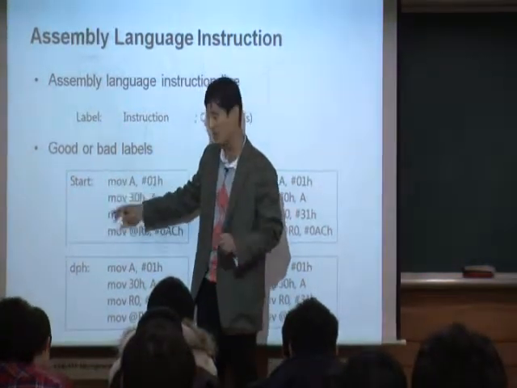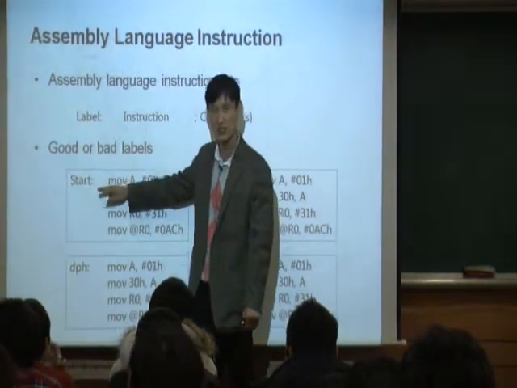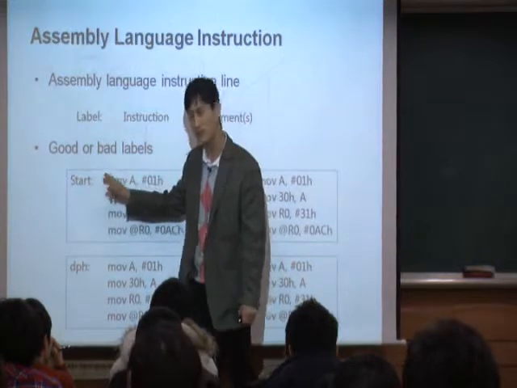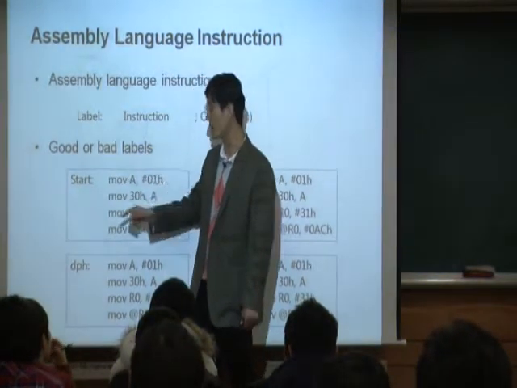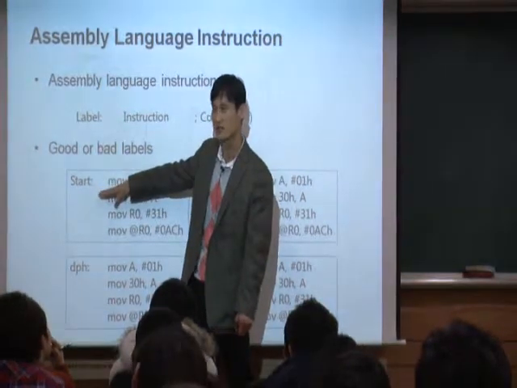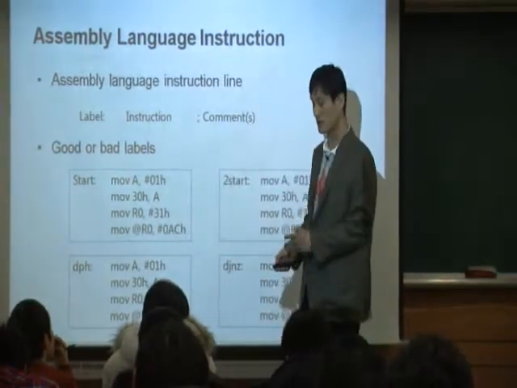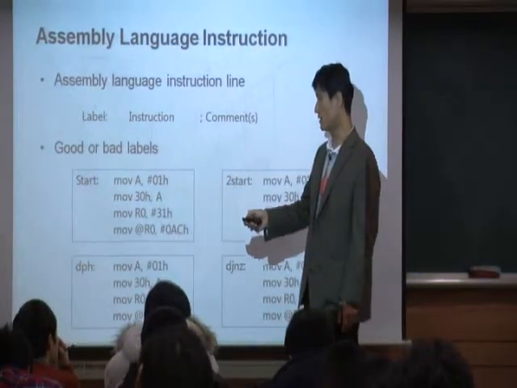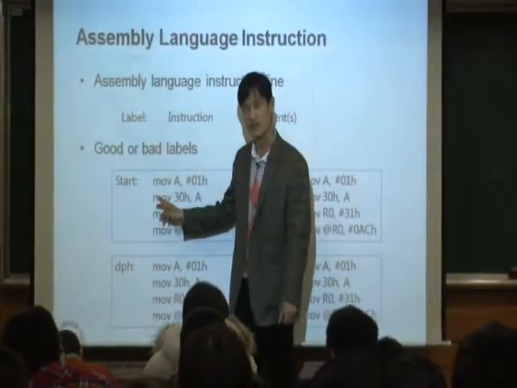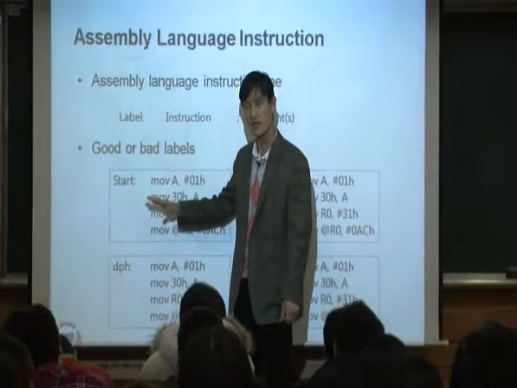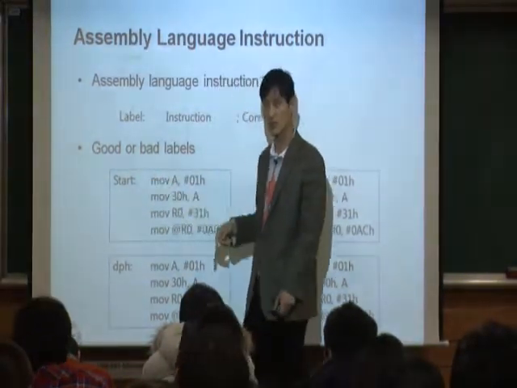Then how can you jump? In order to jump to a certain location, you need to put the label. Only then you can jump there, using the label. So that's why you need a label. You want to mark it here so that you can find it later. That's the only way. But for these instructions, you don't have to jump here, right? Then you don't need the label. Only when you want to jump to this location do you need a label.